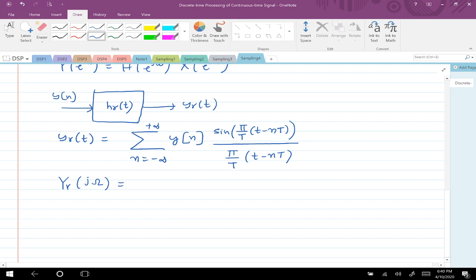Of course, for h_r(t) I would get H_r(jΩ) multiplied with Y of e^{jω}, but we know that ΩT is equal to small omega. That's how the relationship is there. So you would get here e^{jΩT}, isn't it?